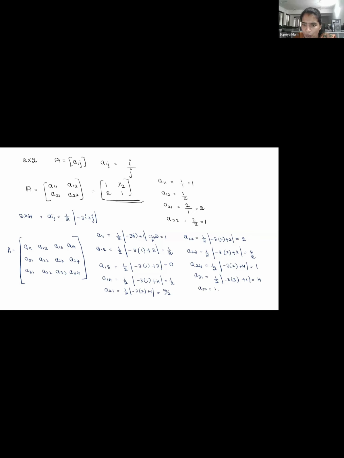A32 is 1/2 mod of minus 3 into 3 plus 2, minus 9 plus 2, minus 7, so 7/2. A33 is half mod of minus 3 into 3 plus 3. What will it be? Minus 9. Minus 9 plus 3 is minus 6. Modulus value is 6. 6/2 is 3.